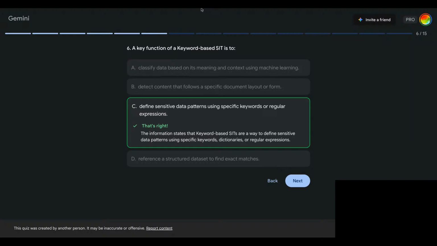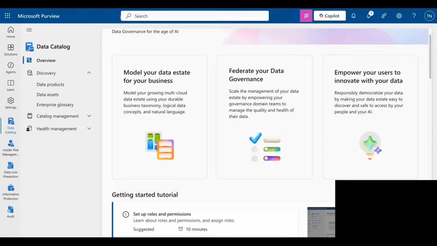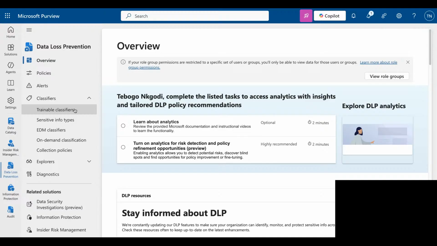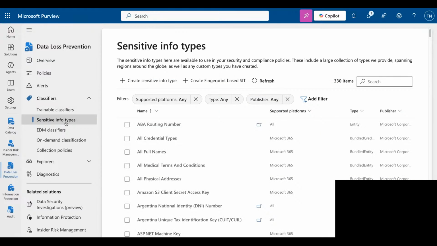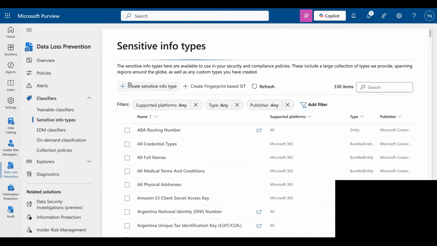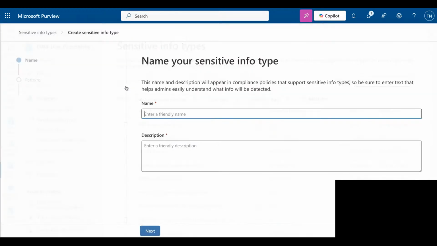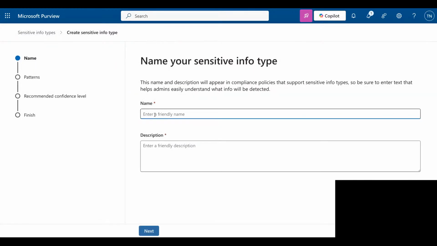So this is what I was showing you, this one. Let me go back to the Microsoft Home. I'll click on data loss prevention, classifiers, sensitive information type, and then I'm creating sensitive info.